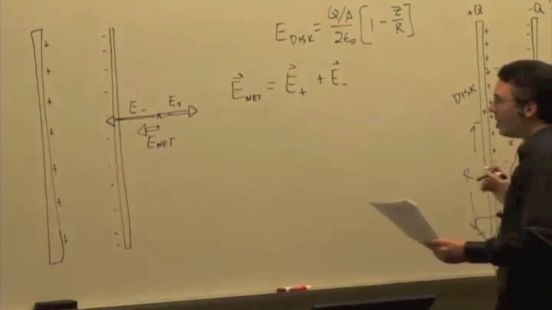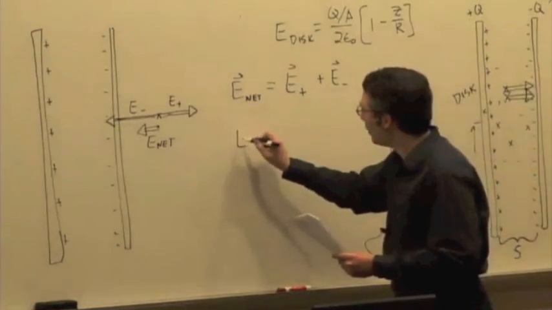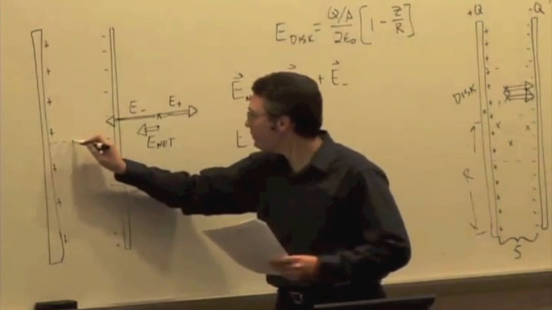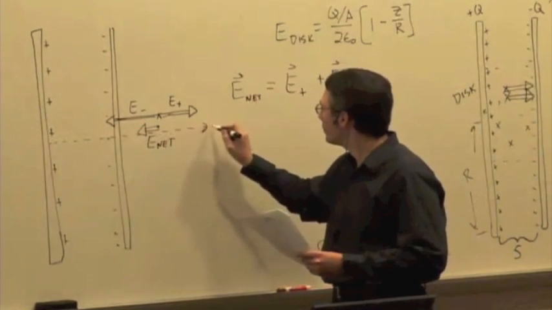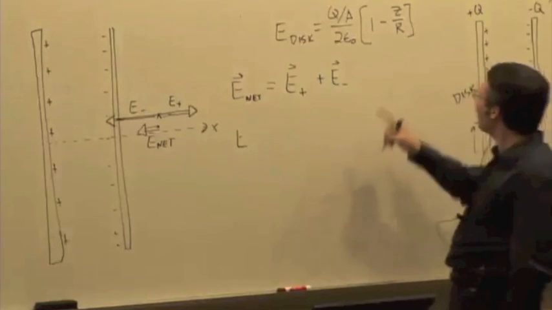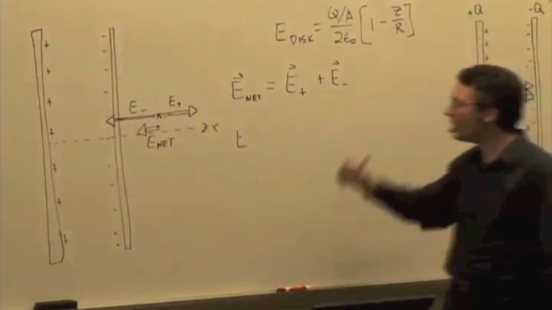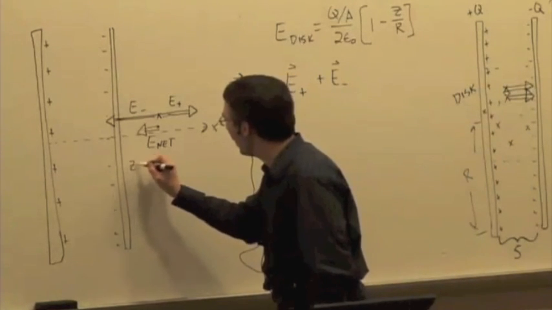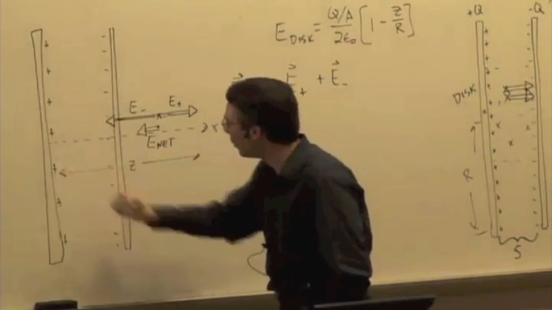And I'm just going to look at the X component. And, okay, they're calling this Z, but don't get confused by that. The Z distance is just along the X direction in this particular case, so don't worry about that so much.